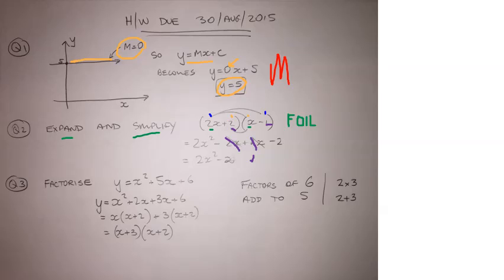Okay, the next question, number 3. We're asked to factorise it. Factorise means we're going to put brackets in. You'll see the answer there that I've got, it's got brackets. The way I've done this is the decomposition method, or the quickest way I know to solve a quadratic that's got integer answers.